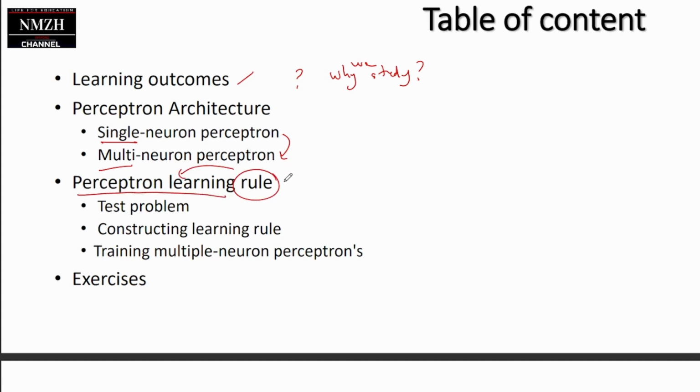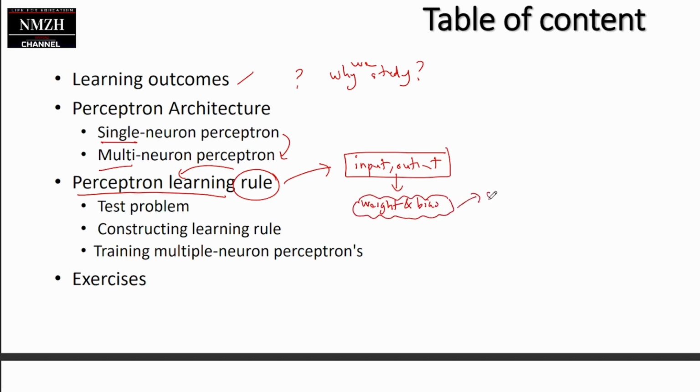In this subtopic, we are given input and output for a certain perceptron, but the idea is how we modify and learn the best weight and bias in the context of a single neuron. We will test them in a particular example given later.